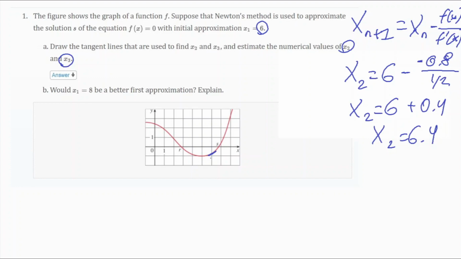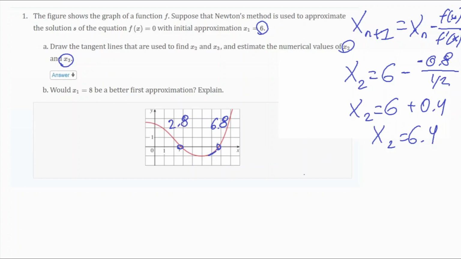There isn't a 0 at x equals 6. And now our second approximation is at 6.4. And 6.4 is a lot closer to the 0 because we can approximate the 0 to be at around 6.8, I'd say. And then this 0 over here would probably be at I'd say 2.8.